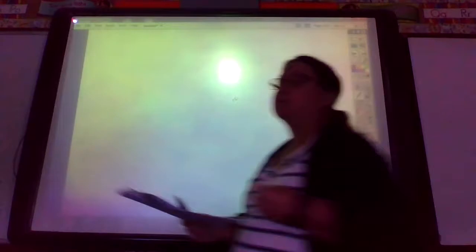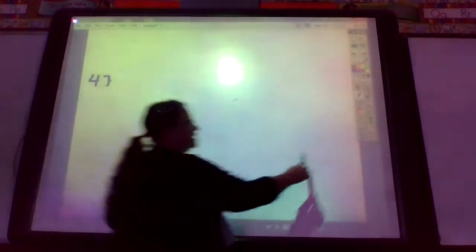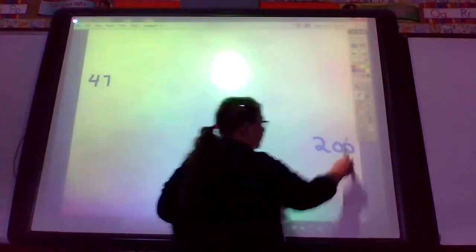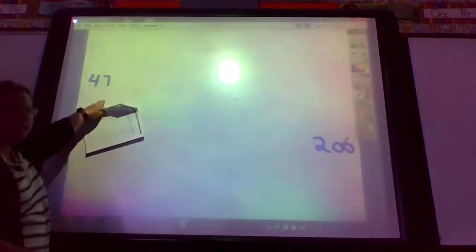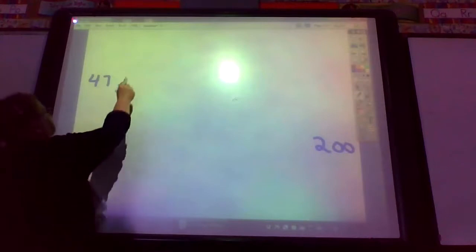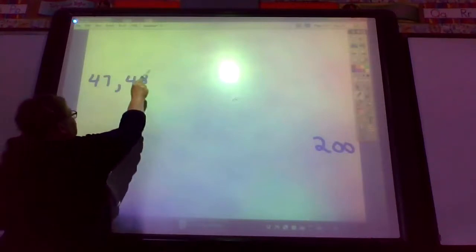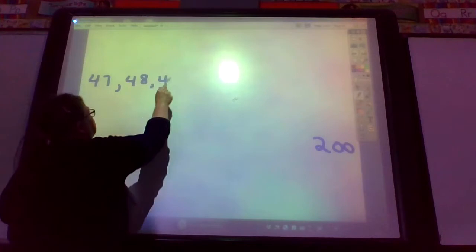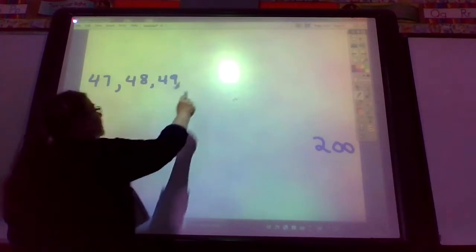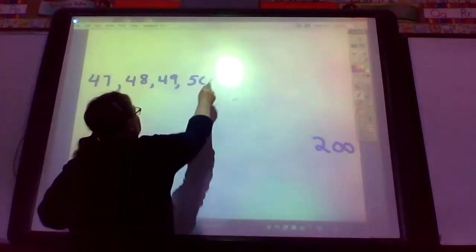We also practiced this yesterday. We're going to start at 47, and I want to get to 200. So 47, my next number would be 48. My next number would be 49, and then I can get to 50.